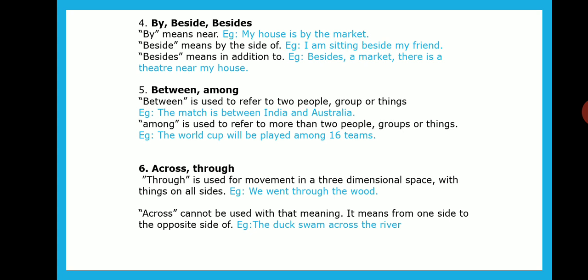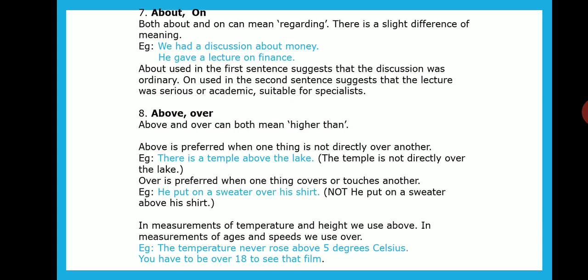Next is across and through. That is very clear in the picture that I have given. Through the tunnel means it is going inside the tunnel and then coming outside. Across means from one border to another border. The duck swam across the river. From one side to another side it just swam. Seventh one, about and on. Both have the same meaning, that is regarding, but there is a slight difference.